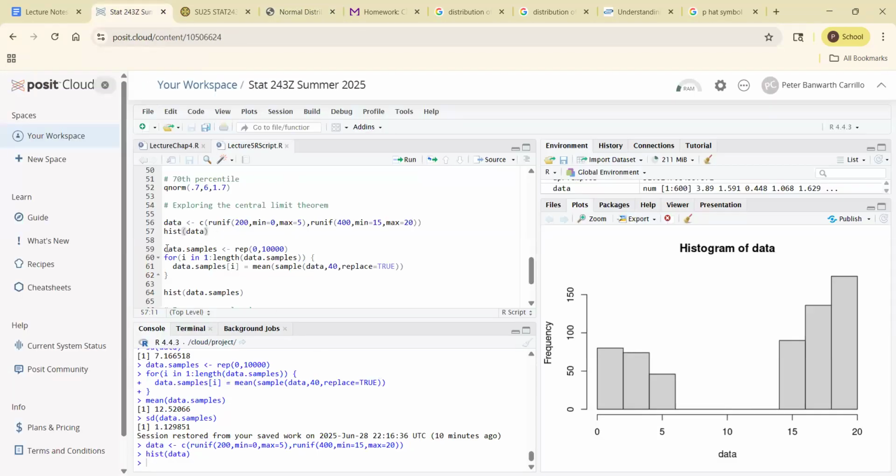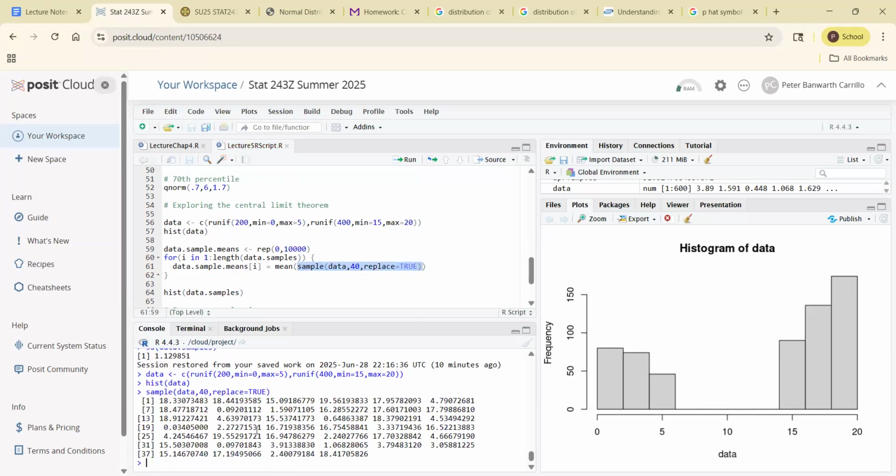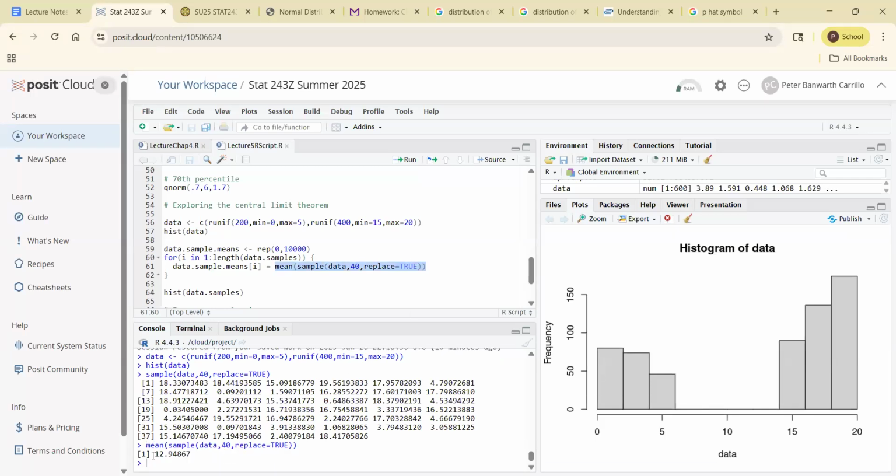But what I can do is take a sample of size 40. So here's a sample of size 40 from my data, from my population. And I can find the mean of that sample. And that sample mean itself will be distributed according to a normal distribution.